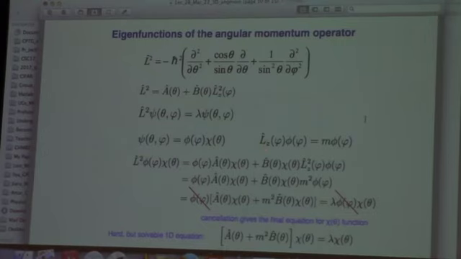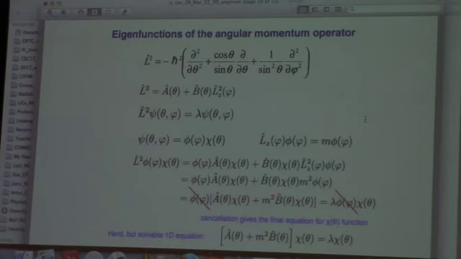And what happens when we apply L squared to the product? A doesn't act on the phi function, right? It only acts on the chi, so it leaves phi alone. Now, in the second part, Lz action on phi is very simple. It just brings down m squared because it's an eigenfunction. Chi is acted upon by B, and we don't know what this is, but we can just keep it like that.